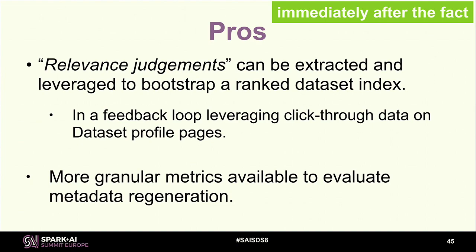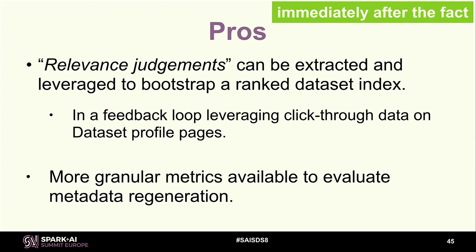So we think that extracting relevance judgments can be useful because we can leverage them to bootstrap an initial ranked index from data that's already being processed. And if we can incorporate a feedback loop, then we can validate these beliefs that we extracted initially.